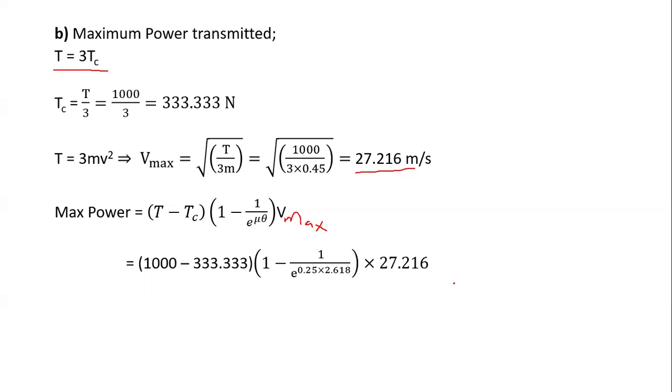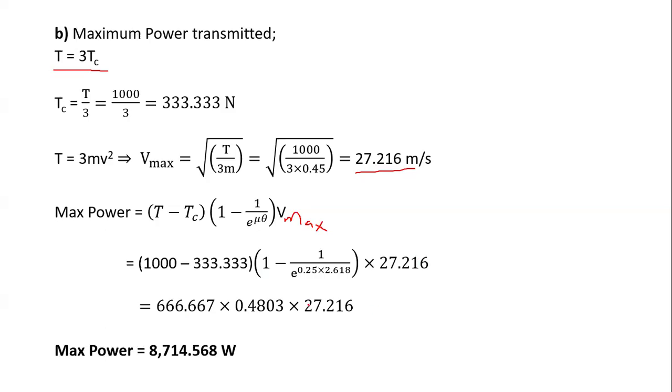We're multiplying by 27.216. Again, this is the 666.667 times, in between here it's the same 0.4803. Then on the other side, the 27 comes down. And hence, our maximum power comes out as 8,714.568 watts.